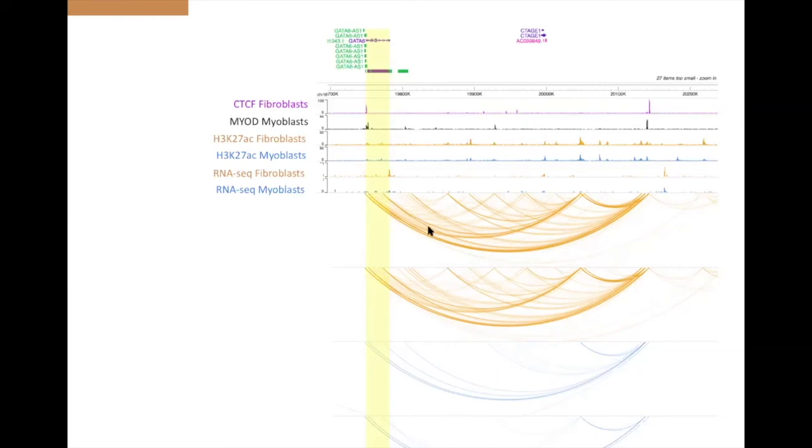It makes sense that this gene is expressed in fibroblasts, but as a matter of fact, as soon as MyoD lands on the chromatin, you see that all the MyoD binding correlates with disengagement of a huge number of multiloops, and this promotes the repression of this gene.